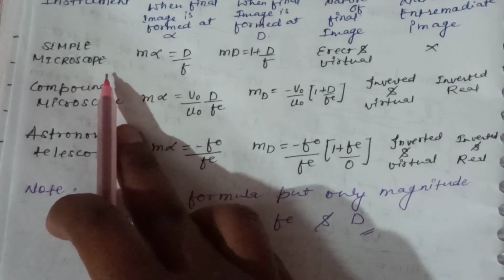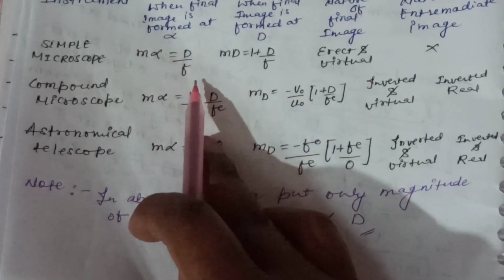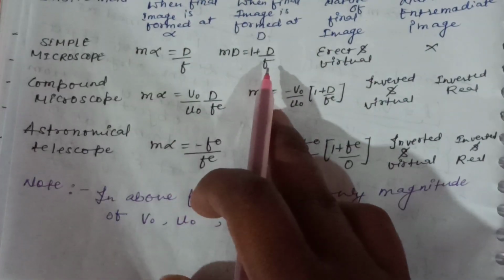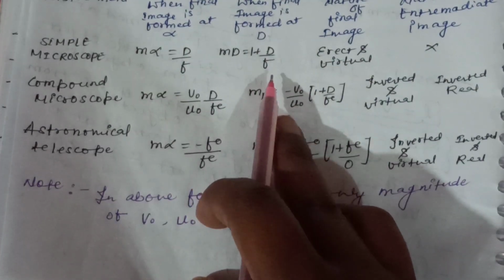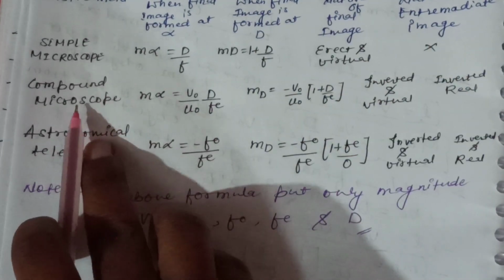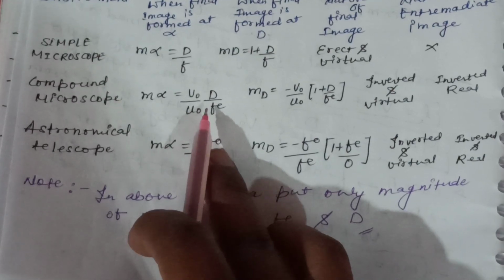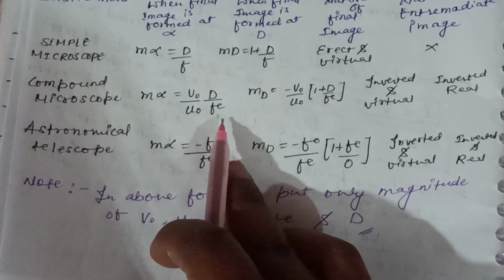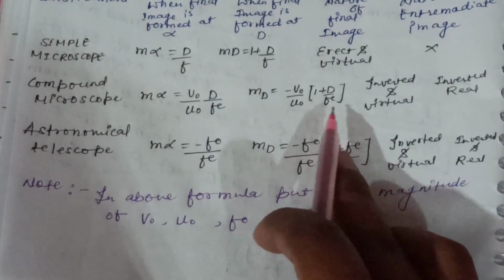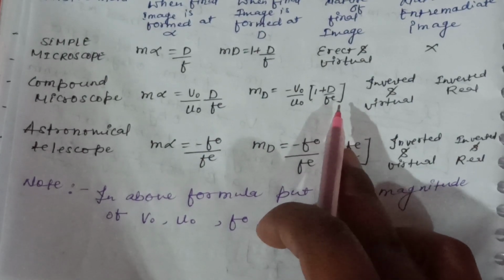Simple microscope: m infinity is equal to D upon F, and m D is equal to 1 plus D upon F. Erect and virtual. Compound microscope: m infinity is equal to v o upon u o into D upon f e. M D is equal to minus v o upon u o in bracket 1 plus D upon f e.